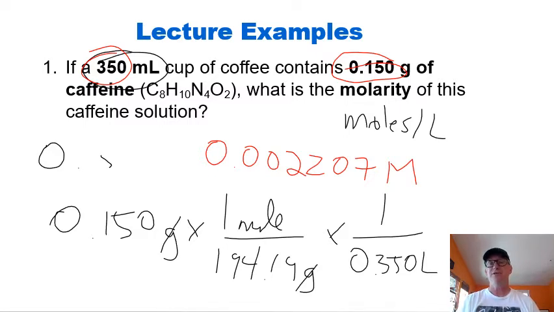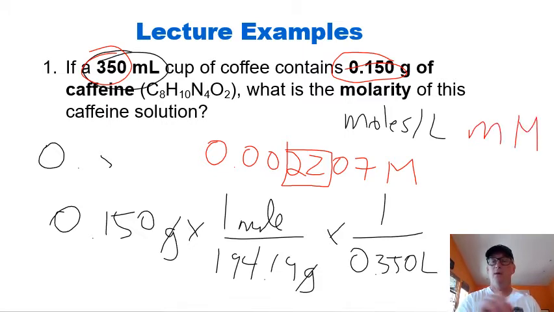So 2 significant digits. And when I round that, I'm going to get 0.0022 molar.